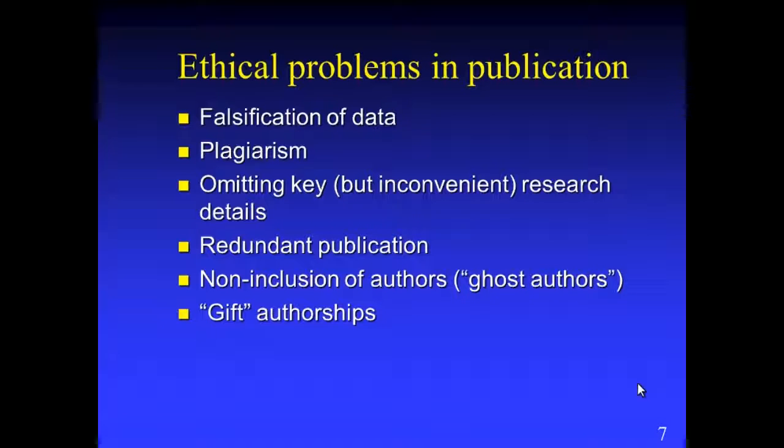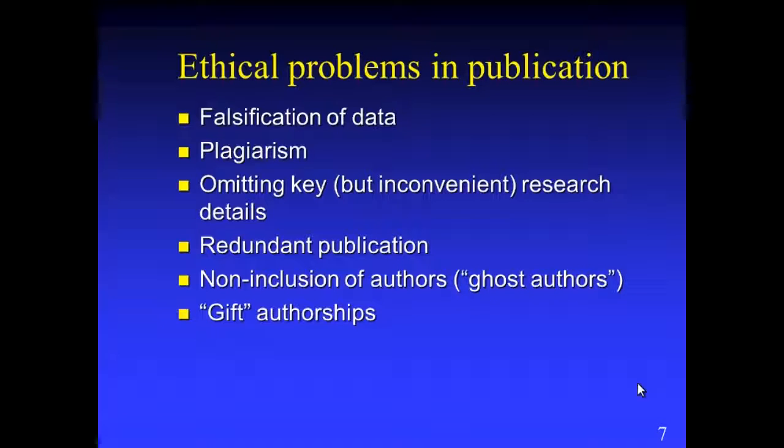Redundant publication. This is where you publish basically the same stuff in more than one journal, or you attempt to do that. Journals get, and rightfully so, very angry about this if they detect it, and it's likely to have unpleasant consequences for the authors. They may be barred from publishing in the journals where they've published redundantly, but also in many other journals for that matter.